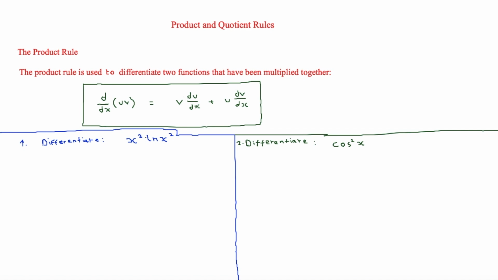So firstly, what we're going to do to this question is split it up into u and v. So we can say that u is going to be equal to x squared, and then that is because x squared is going to be times by ln x squared, so that means v is going to be equal to ln x squared, which using the law of logarithms is also equal to 2 ln x.